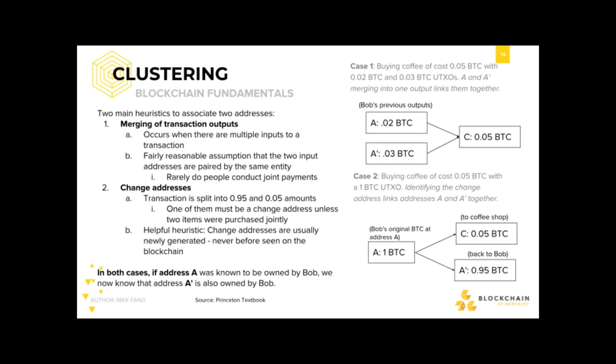If you recall the earlier point where I mentioned each person creates a new public key for every set of funds they receive, then if Alice creates a new key for the change she receives from coffee, you can guess that if you've not seen that address anywhere before, it's likely her change address. We use both these heuristics to figure out who Alice is and how you can link all these different parts of her identity to one single person.